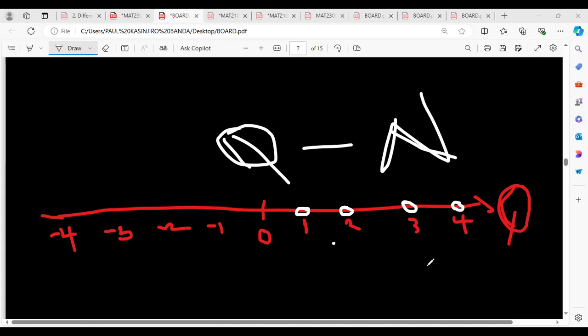Maybe I can just write the infinity symbol there and show a dotted line and then an open circle on top there. But I don't know. Even this representation here still shows that you are excluding the natural numbers. Is that okay? Or do you know a way that we can represent it?